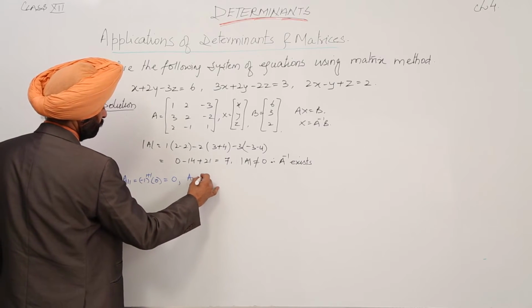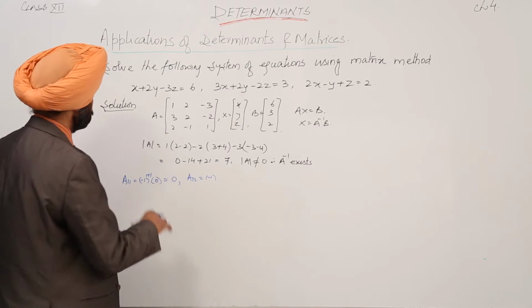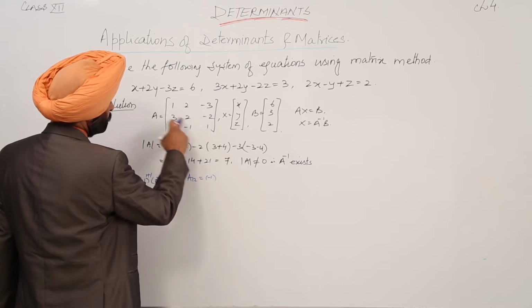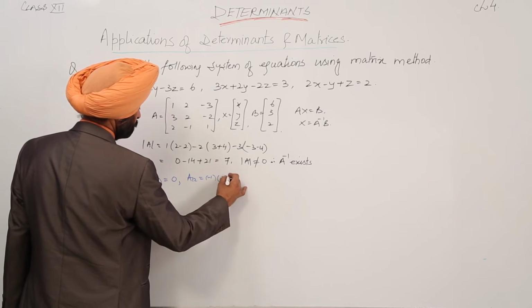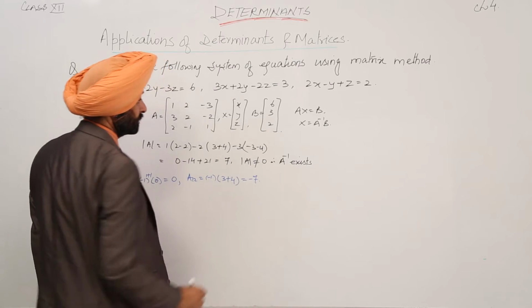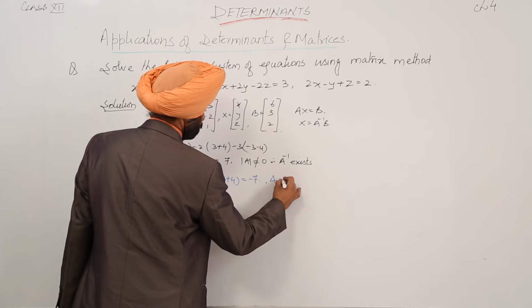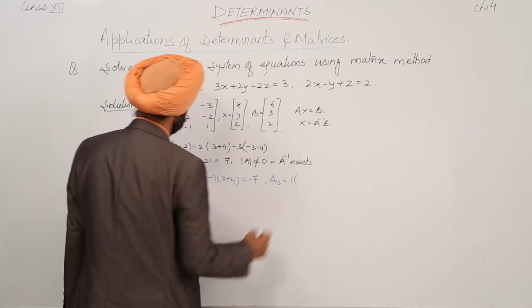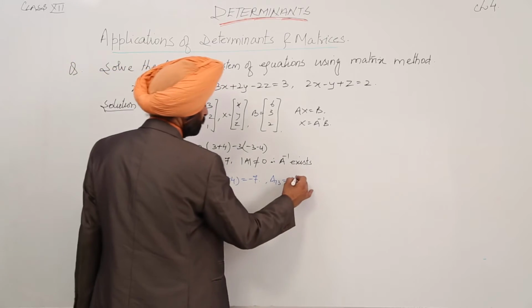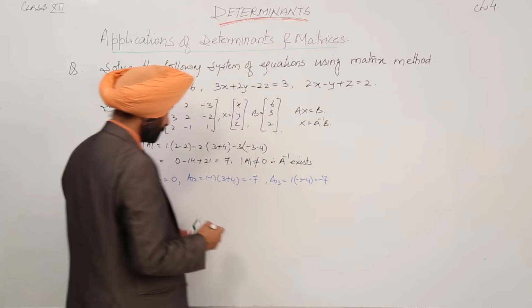Now A12 is equal to minus 1 with the odd power, minus 1 with 3 plus 4, this is equal to minus 7. Then A13 is equal to 1 positive with minus 3 minus 4, this is equal to minus 7.